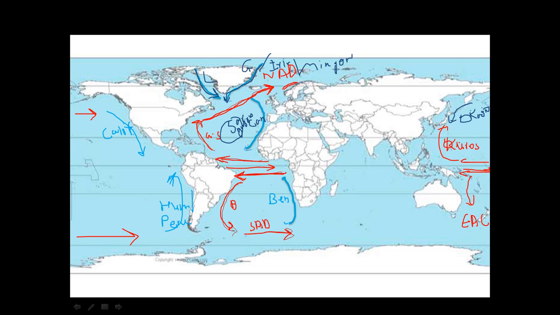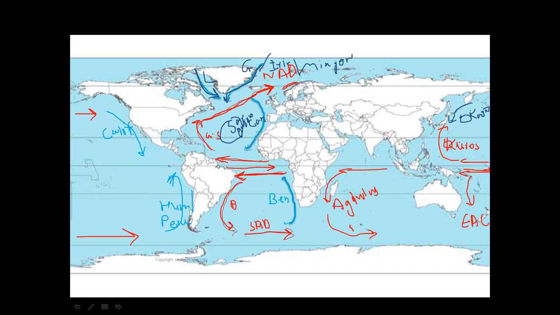Now applying the same logic to the Indian Ocean, we'll have a warm current here, that is the South Equatorial current. Then one more here, that is called as the Agulhas current. And then it will come here like this.